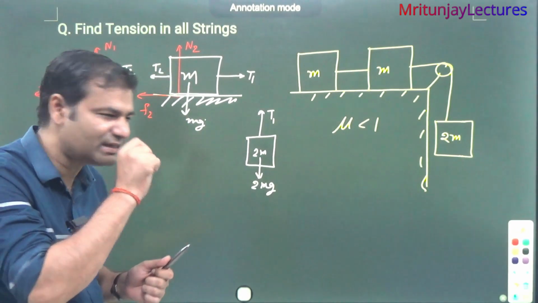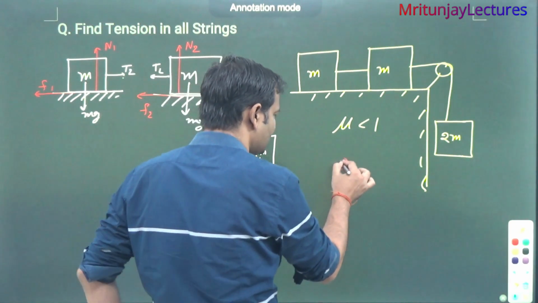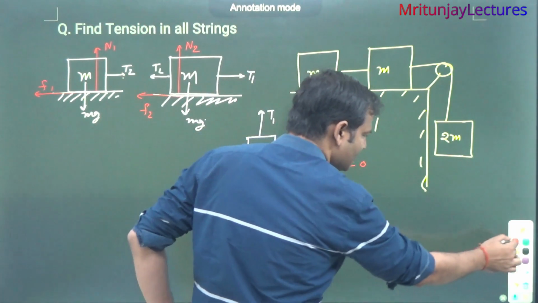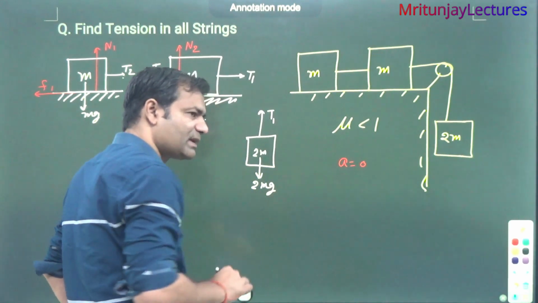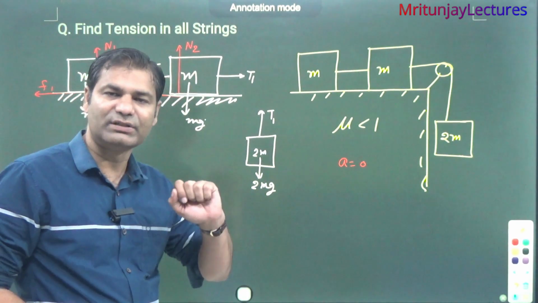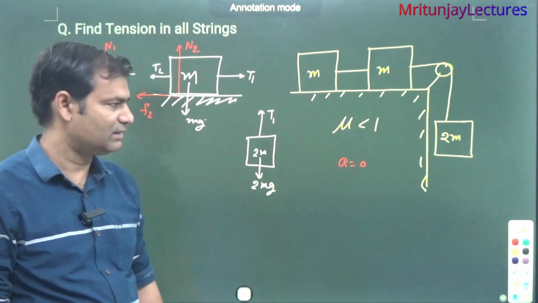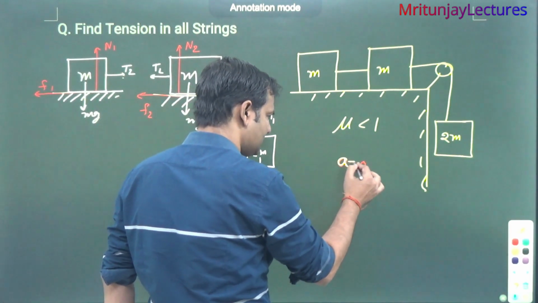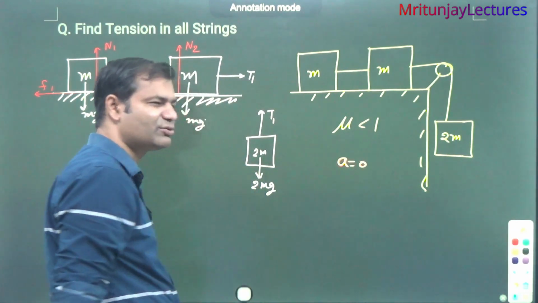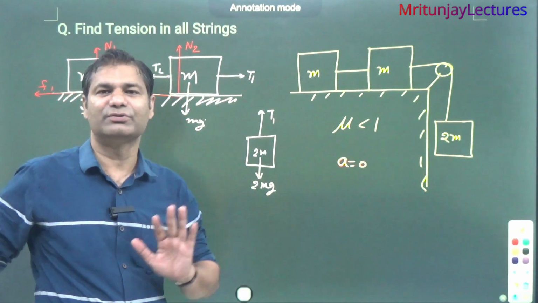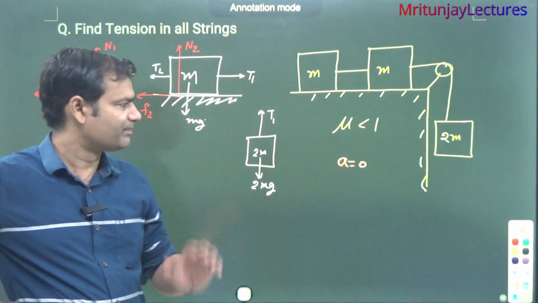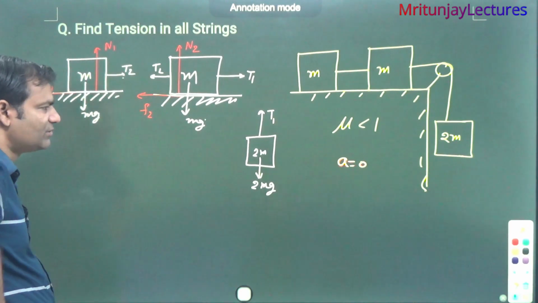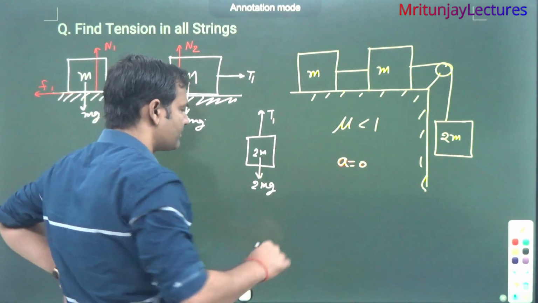At t equal to 0, a equals 0. Let us consider a equals 0 means motion is just starting at t equal to 0, for this whole block.